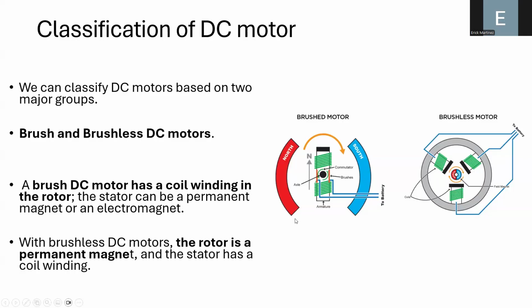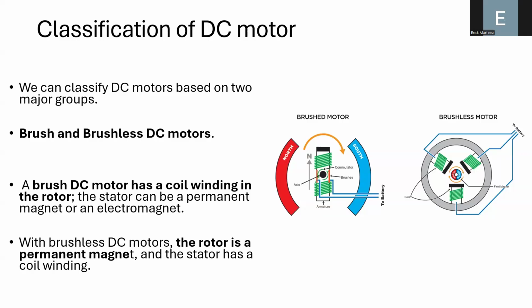So the main difference between the brush motor and the brushless motor is that here the commutation is mechanical. Basically, we are disconnecting the contact between the battery and the windings in the rotor, okay? And here in the brushless motor, the commutation is electrically controlled, and we are using solenoids to control the commutation and the presence of the magnetic field in the stator.